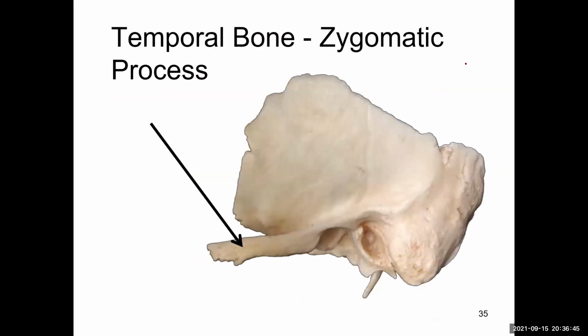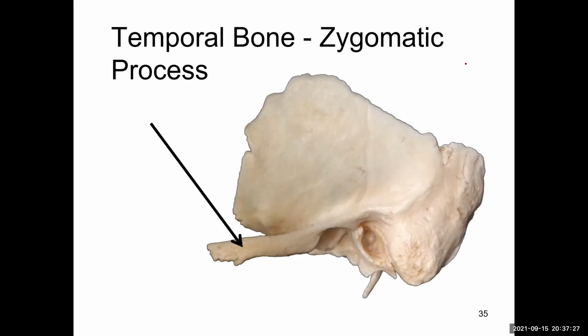Okay, so this process, this bony projection that's coming off of the temporal bone, is going to articulate with another bone, the zygomatic bone, and it's going to form the zygomatic arch. The posterior part of the zygomatic arch, we call that the zygomatic process of the temporal bone. The first part of the name, we always name after whatever bone the temporal bone articulates with.